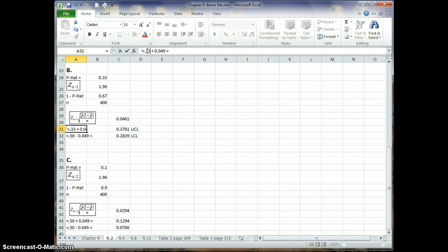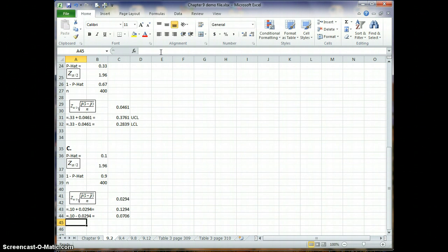So instead, this should be 33 times 0.0461, and down here should be 1 times or plus 0.294, and it should be 1.0294.